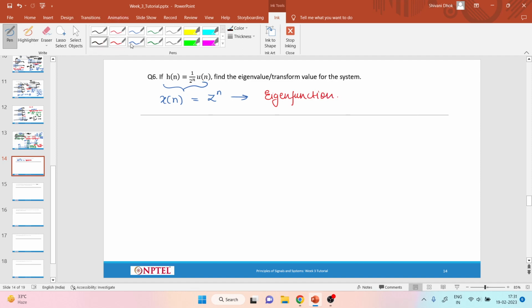So how it was done: I have my output y of n equal to summation k running from minus infinity to infinity h of k x of n minus k, which is equal to summation over k of h of k, which I'll keep as it is, and I'll substitute z power n minus k.